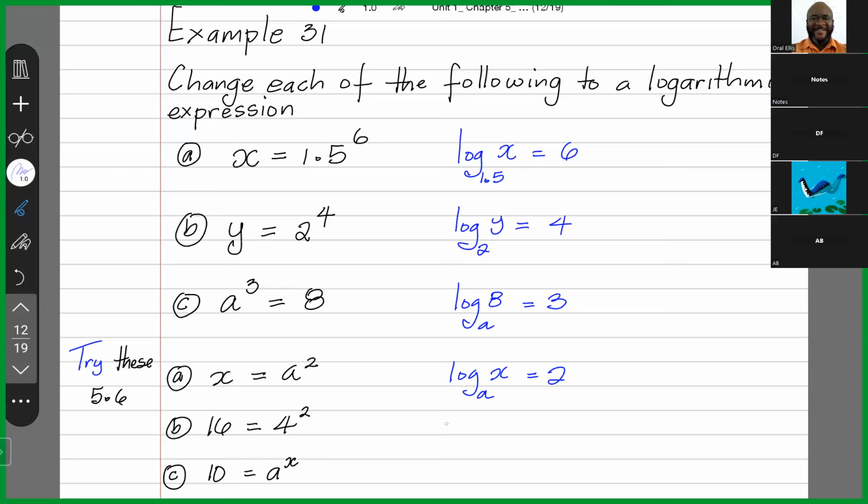B, the logarithm of the number 16 to the base 4 is equal to the power 2. And for c, the logarithm of the number 10 to the base a is equal to the power, which is x.